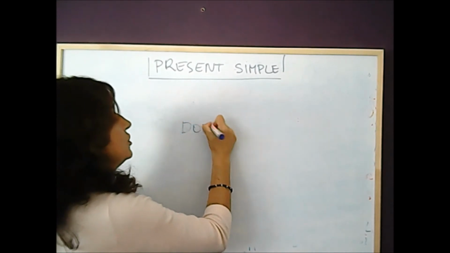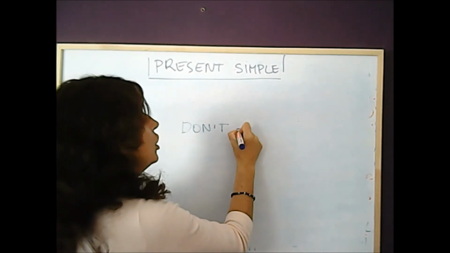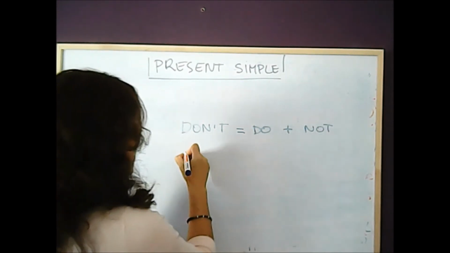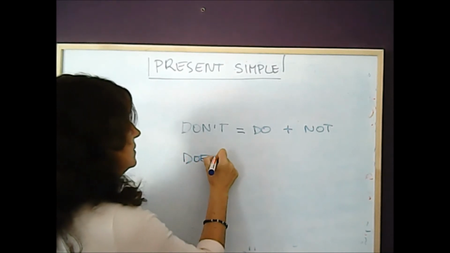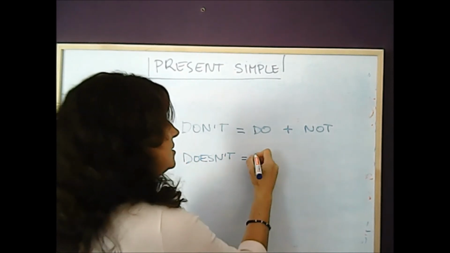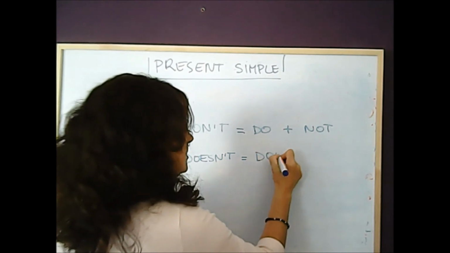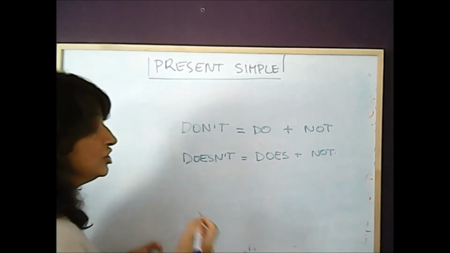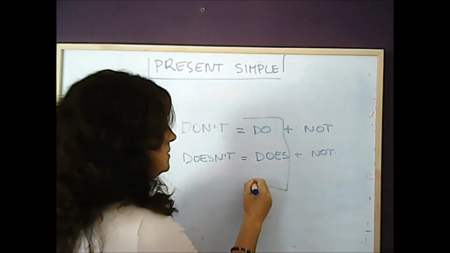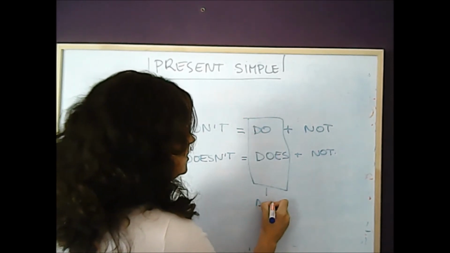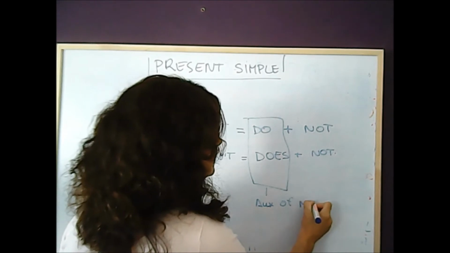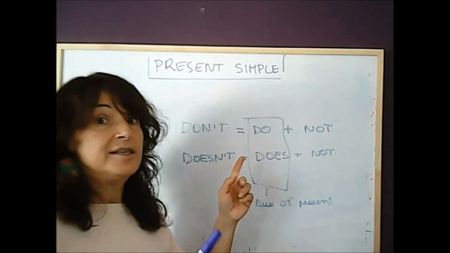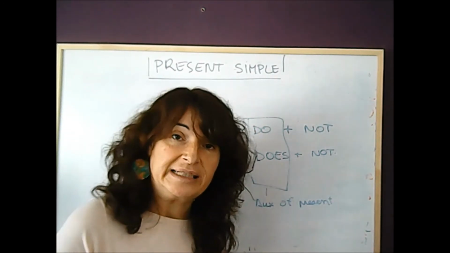When we say don't in the negative, don't means do plus not. And doesn't is does plus not. So the auxiliaries are these. Auxiliaries of present. When we find in a text do, does, don't, doesn't, this text is in present.